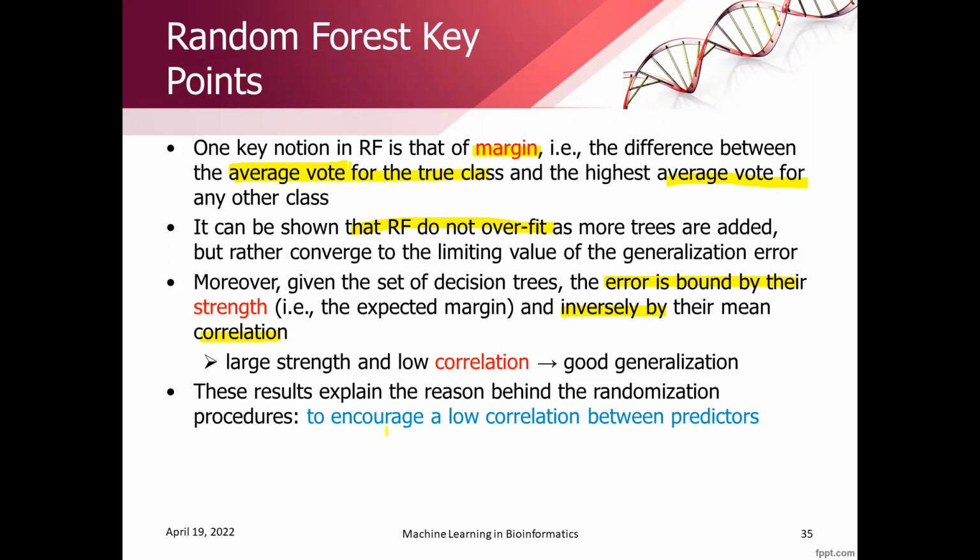Yes, they can overfit, but if we use this strong randomization, then the overfitting is not so bad. There is one big problem, and this is that it's hard to interpret the result.